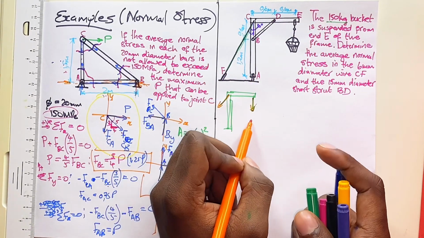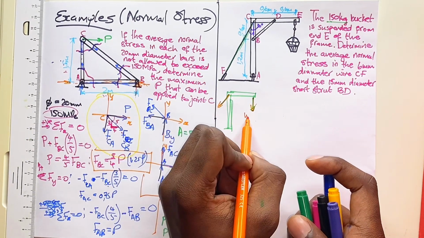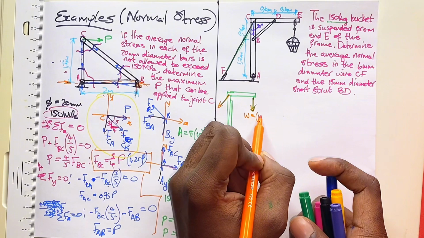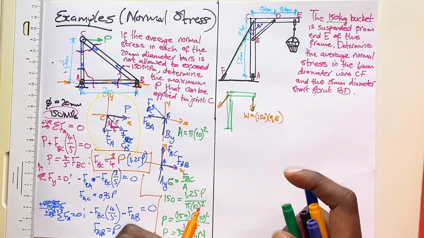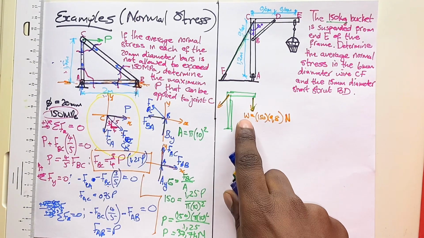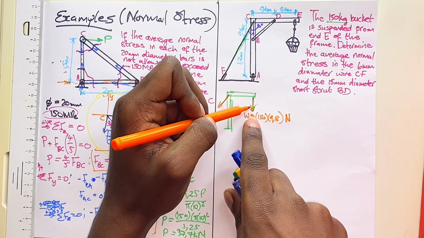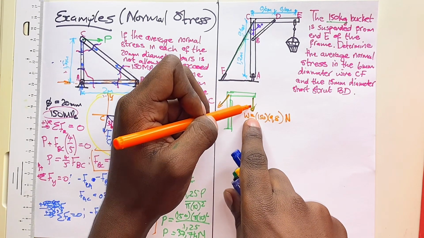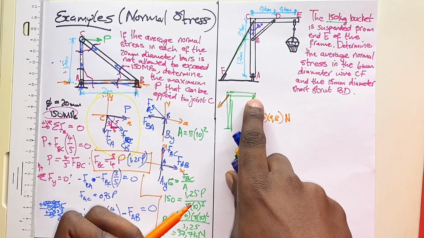Now if you want the force, that means we will have to calculate the weight. Now the weight will be 150 kilograms multiplied by 9.8. Now that will give you how many newtons of weight is being exerted on the bucket, and then that bucket will be exerting that force through a rope to my member at point E.